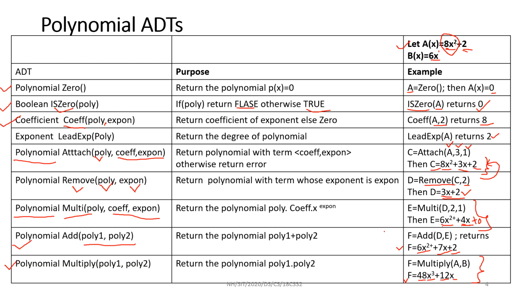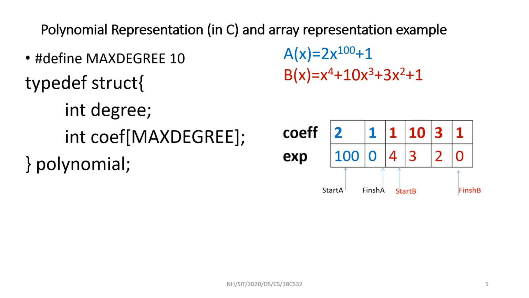These are different ADTs. Now, the question is how to represent that. We'll make use of a structure. As you know, there is a highest degree. One term that we use in the polynomial is the degree of the polynomial.